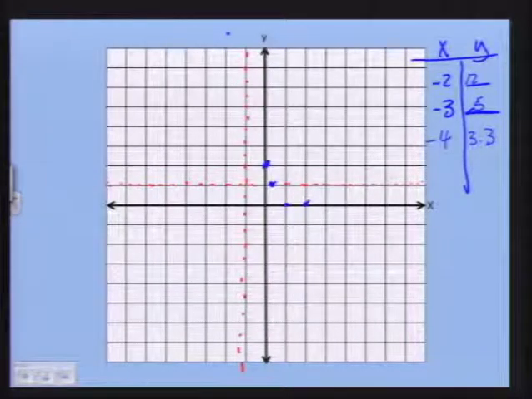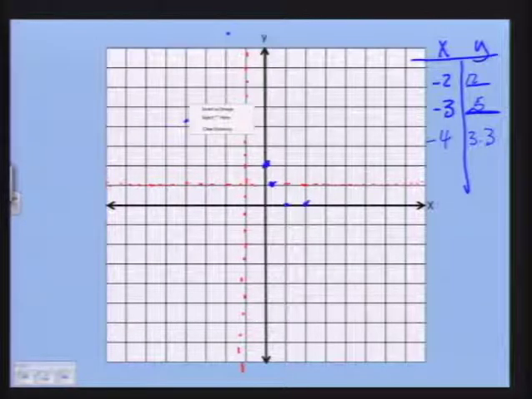All right, and then we have negative 3, 5. So 1, 2, 3, and then up 1, 2, 3, 4, 5. And then we have negative 4, 3.3. 1, 2, 3, 4, and 3.3.